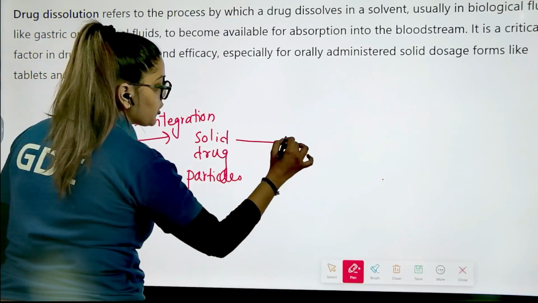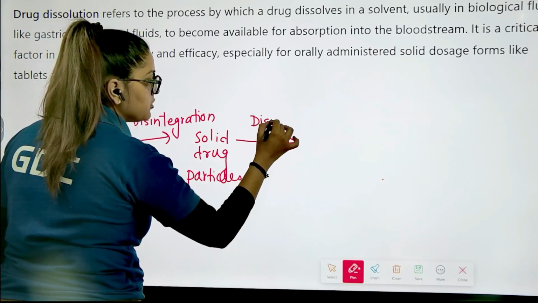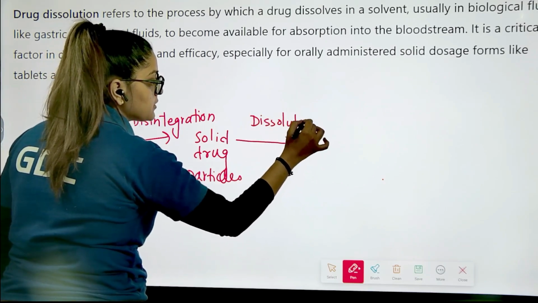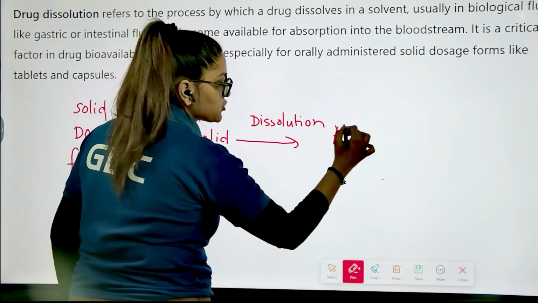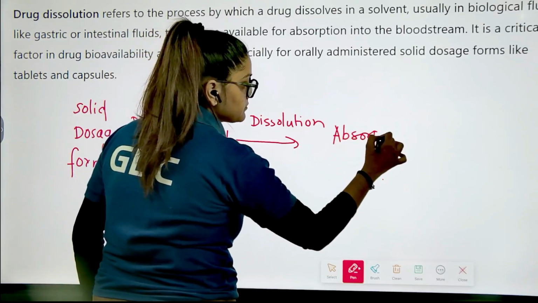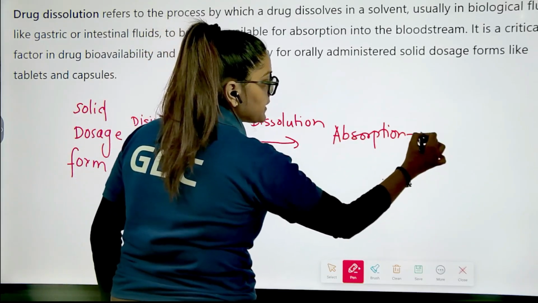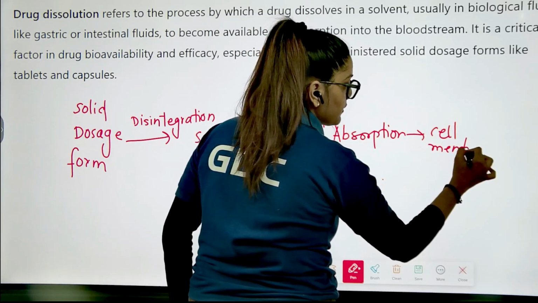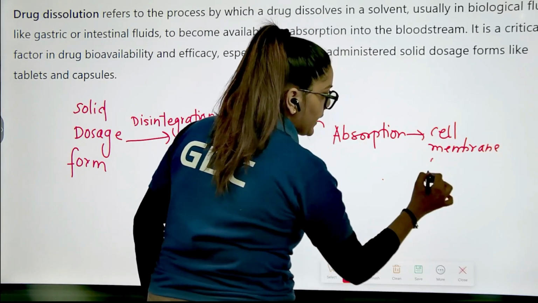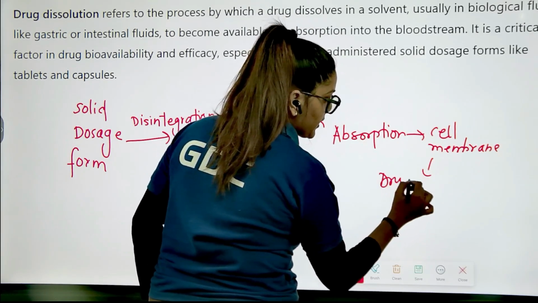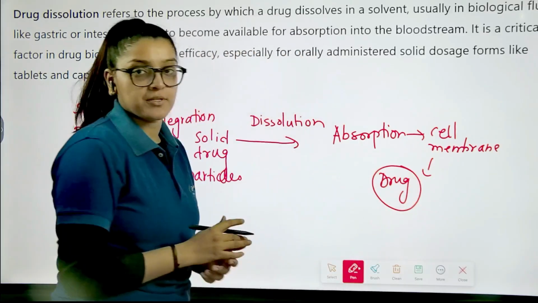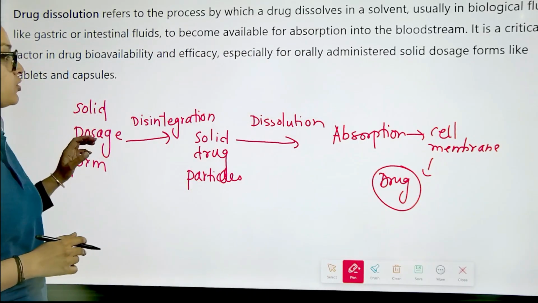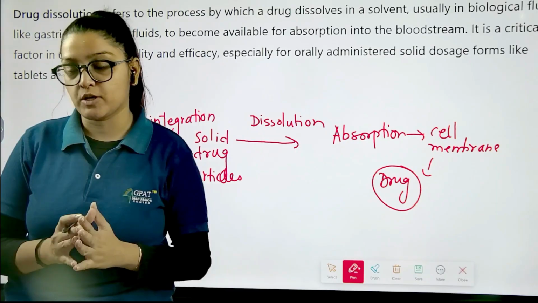Now these solid drug particles will undergo dissolution till they reach absorption. After that, they are going to cross the cell membrane, and then yes, we have the drug at the target site, right? So basically the role of dissolution is very important for us here.